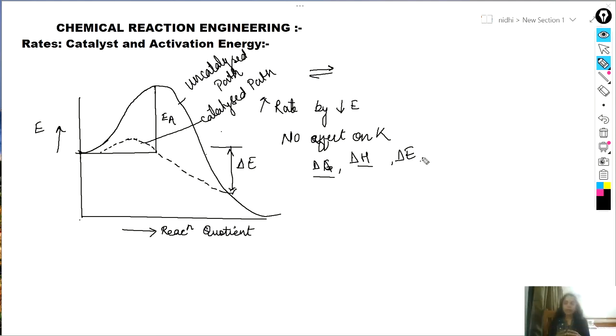In the GATE exam or in interviews they try to trick you by asking whether catalysts change the equilibrium position or whether they change the overall energy difference between the reactants and the products, and the answer is no. What catalysts do is they increase the initial rate of the reaction and they do that by lowering the activation energy.